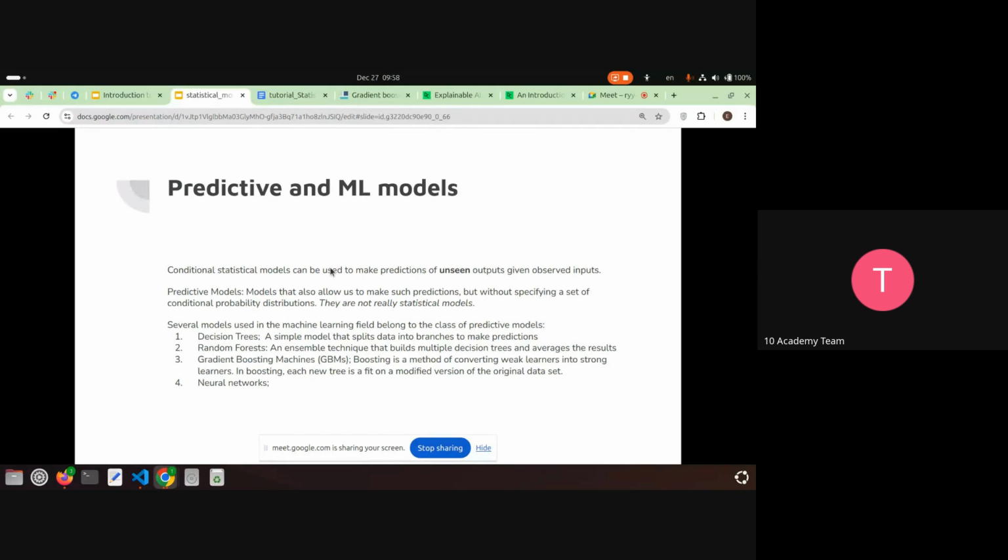We'll get into this in a bit more detail. Machine learning models, like decision trees, random forest, and neural networks, work in a black box kind of way, in a complicated way.